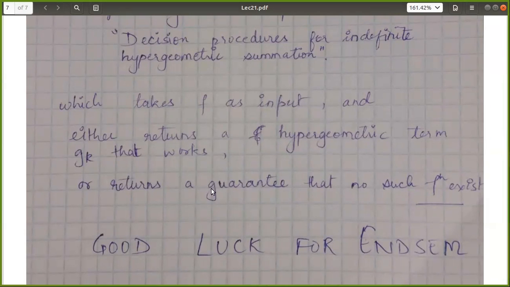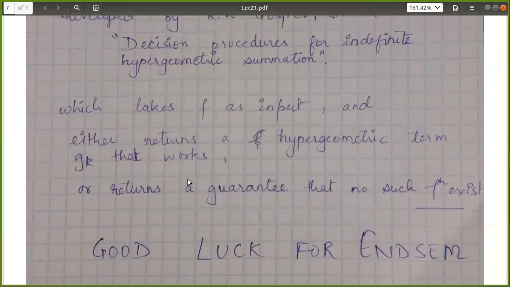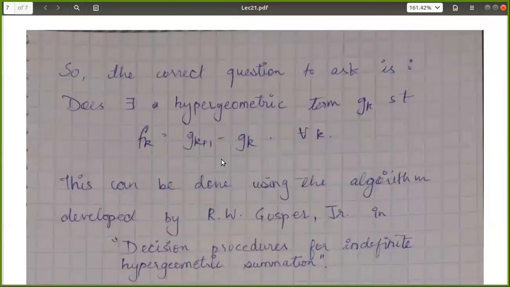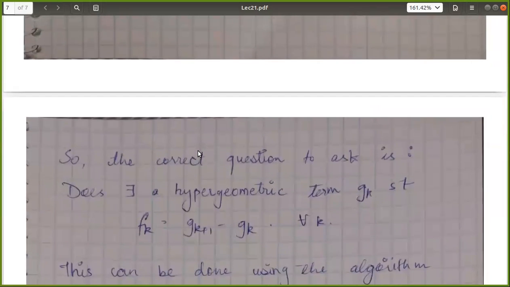So with this entire setup, what we have done is that we have found a g of k, or we know that this particular method fails. If g of k exists, g of k comes out from the algorithm, then you know the function G, and then you have to check whether F and G form a WZ pair to prove the identity.